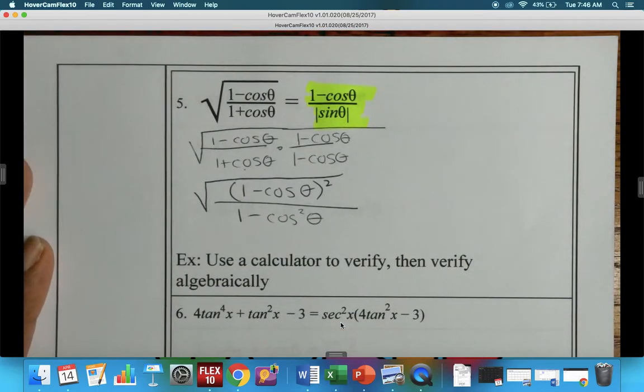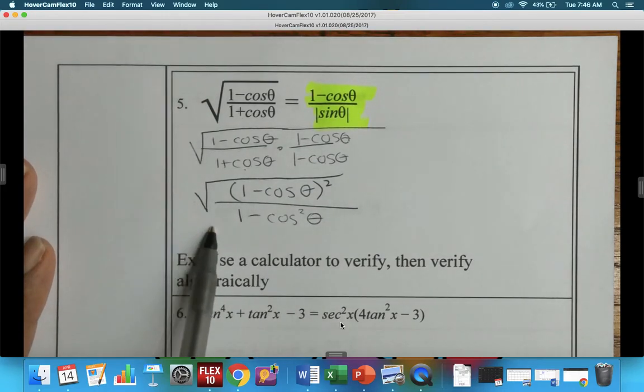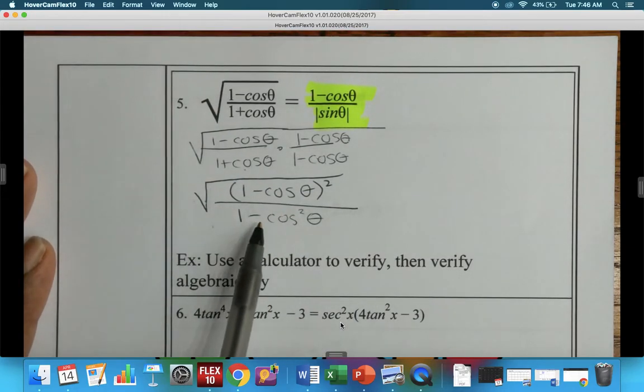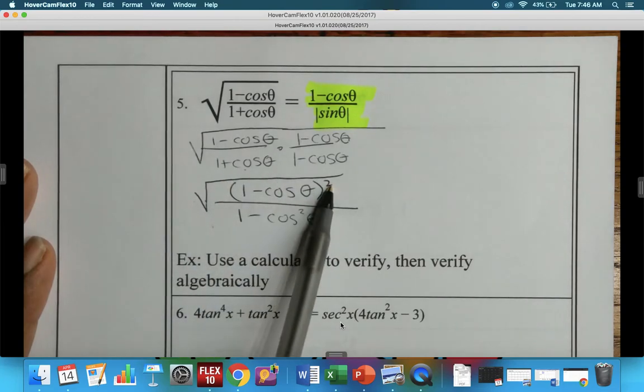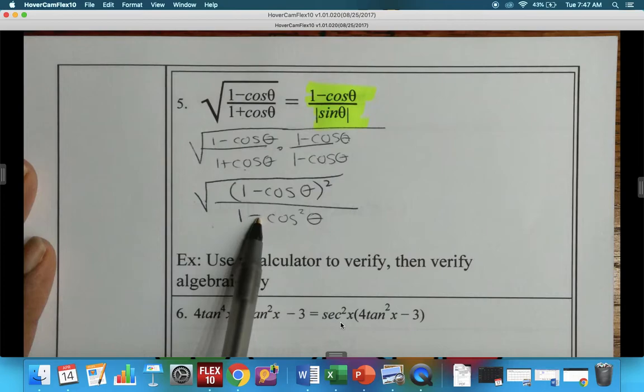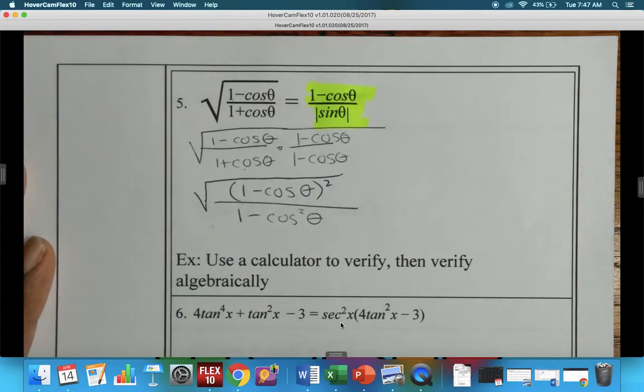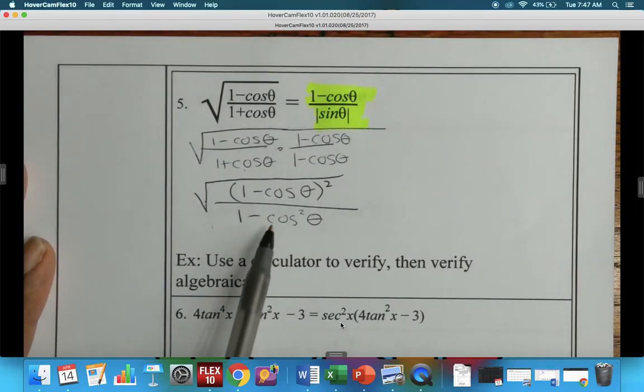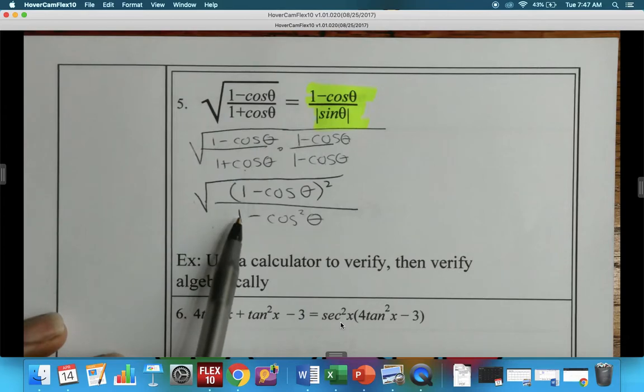Okay, so then I look to see, well, what can I do? I still have this square root. Can't move that away yet. But I see that I have something squared and I have a possible Pythagorean identity. So if you go back and look at the Pythagorean identities, this is one of those, right? So we took cosine squared plus sine squared and rearranged it, and we saw that sine squared equals 1 minus cos squared.